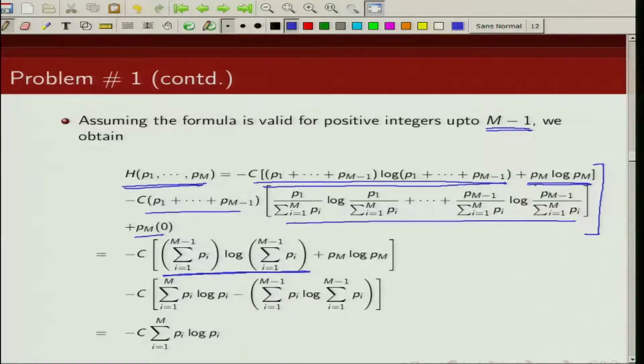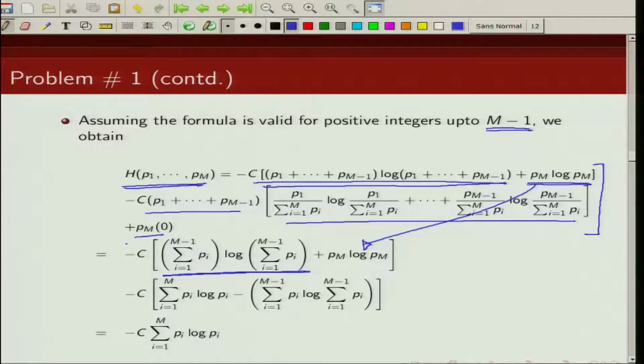Similarly, this expression comes here, okay, and this will be summation pi from i equal to 1 to m, and the summation from p, and this will be 0.